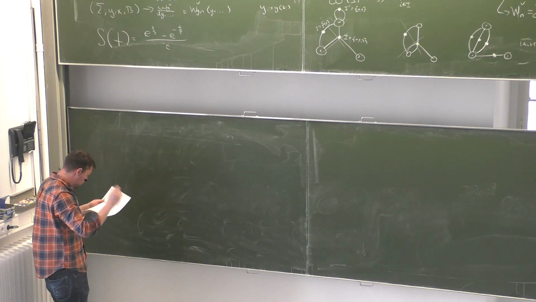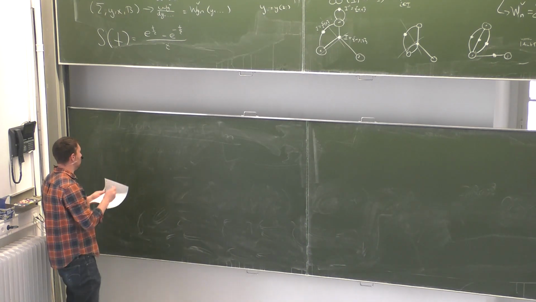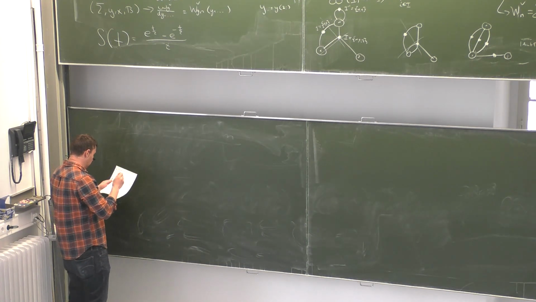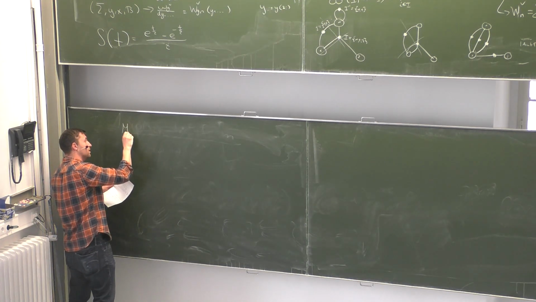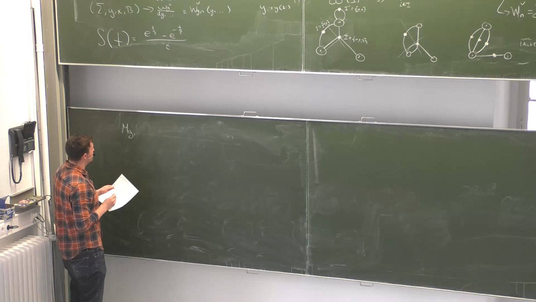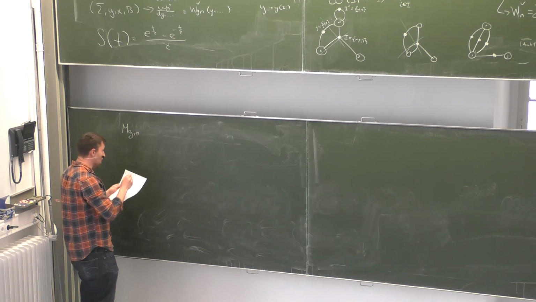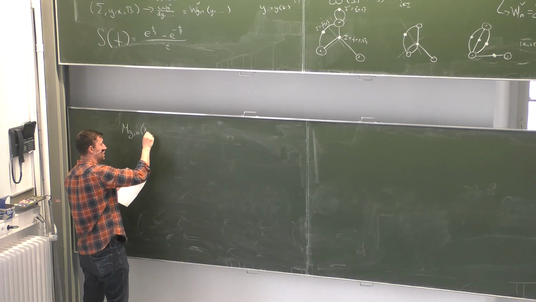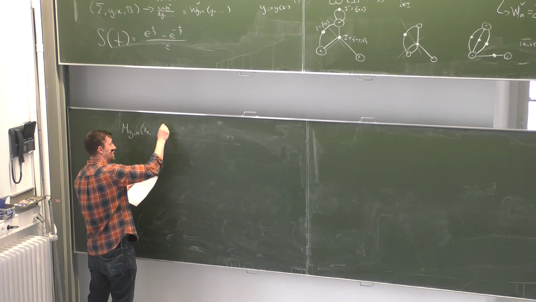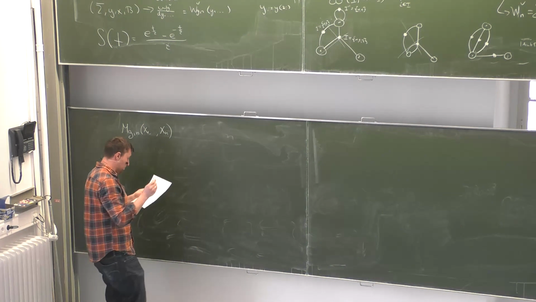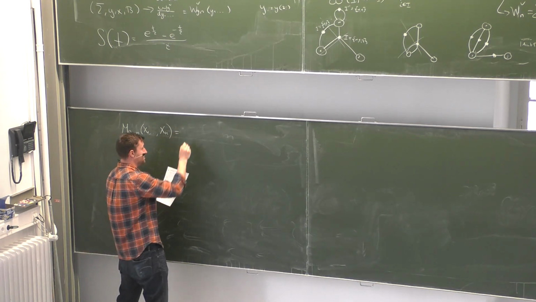And what is now the direct relation between them? The following. They defined this M_{g,n}(x_1, up to x_n). I hope this will come up in Sergey's talk, but I don't know.